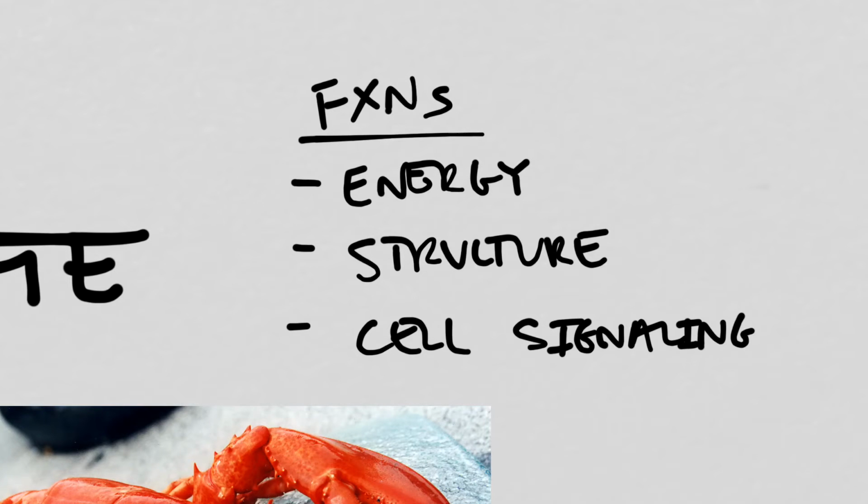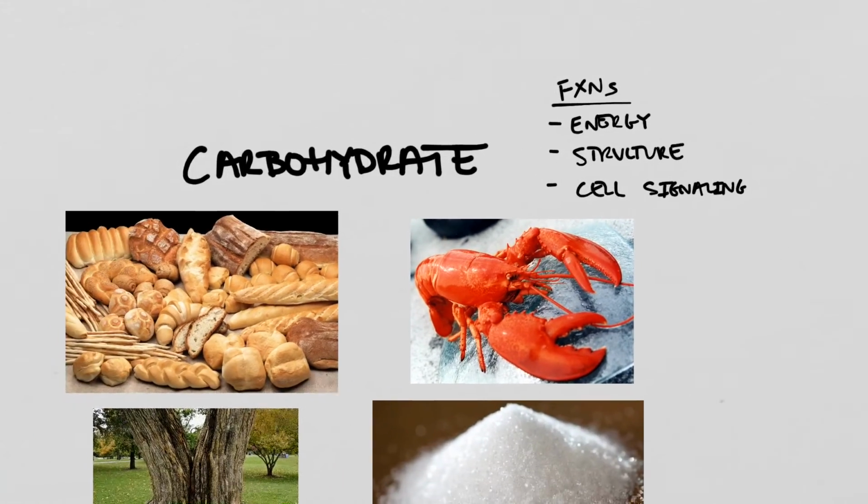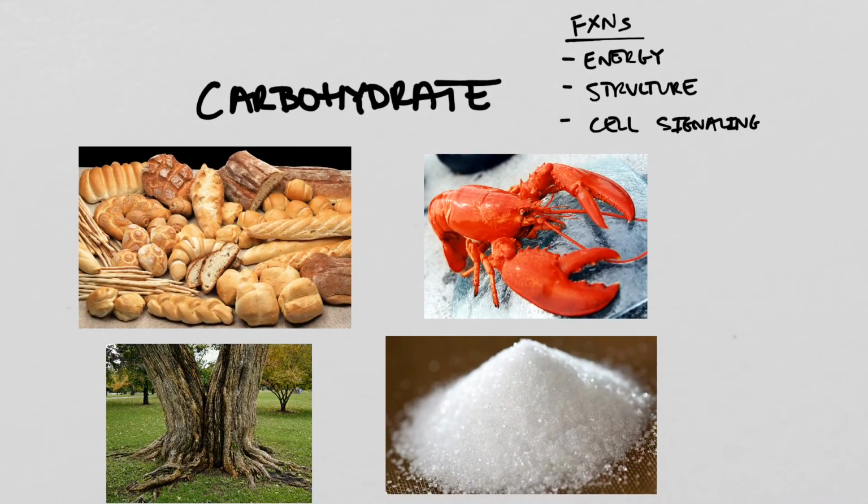Or even the blood types A, no, actually that's protein. But Rh positive or negative is a sugar complex that's either present on the red blood cell or not present on the red blood cell. So they're basically little flags that tell cells what type of cell they are. So overall, there you have it, carbohydrates.